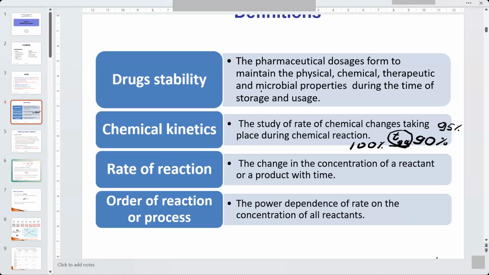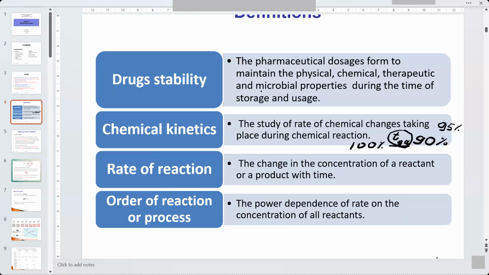Okay, so we defined the chemical kinetics and we said it is the study of the rate of chemical changes taking place during chemical reaction. So what do we mean by rate of chemical changes? As we mentioned before, rate is when you divide amount by time. So when we talk about rate of reaction, it means the rate of change of the concentration of reactant or amount of reactant or a product with time.